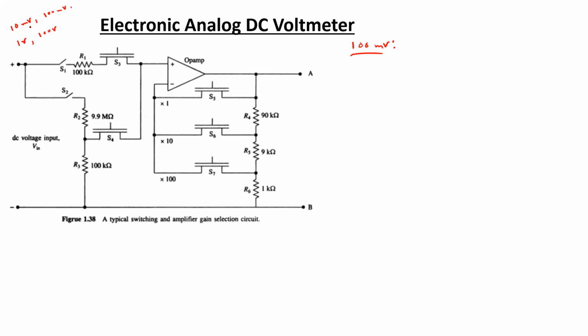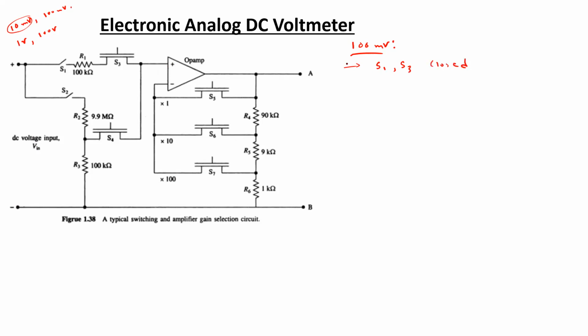So these are the maximum ranges. Now when a particular range is selected from 0 to up to that value, any in between values can also be measured. So for 100 millivolts, as it is less than 1 volt, for this case also we have to close S1 and S3.